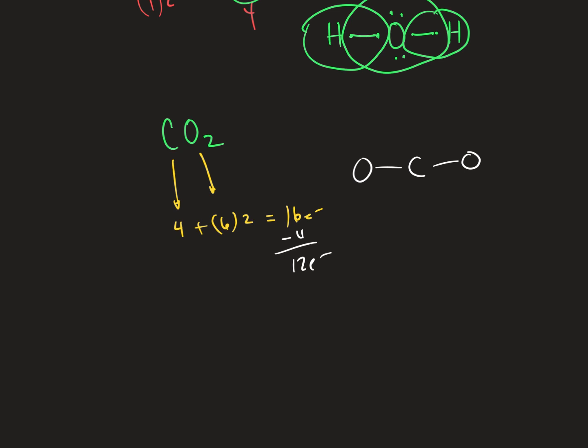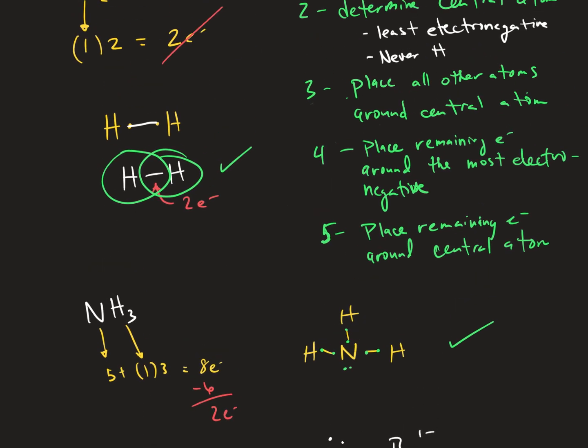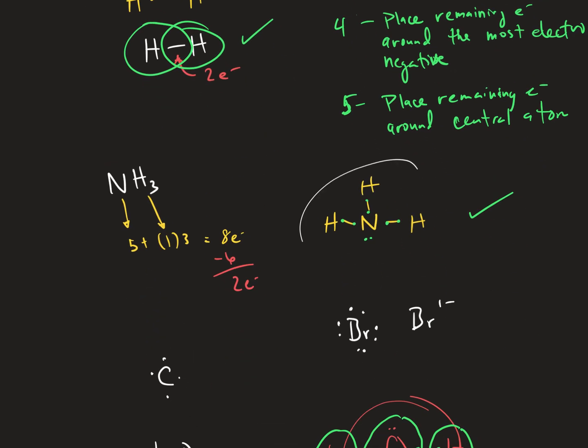Around the oxygens first. Why? Because it's most electronegative. If we follow these steps, the first one says put them around the most electronegative element first, and then the last step is to place them around the central atom. So why did we do that for this ammonium? Because it's both, really.